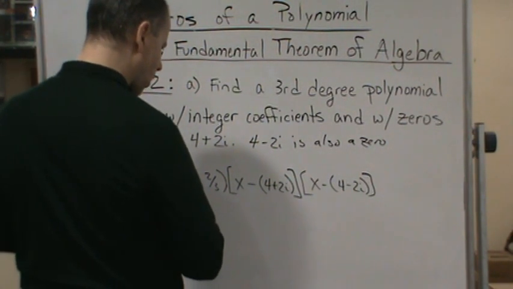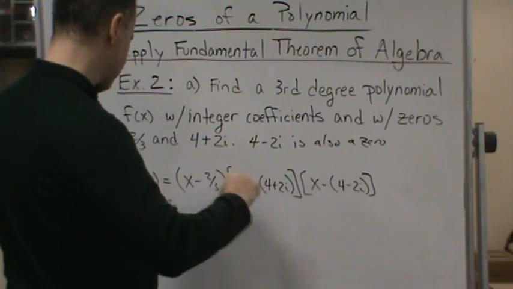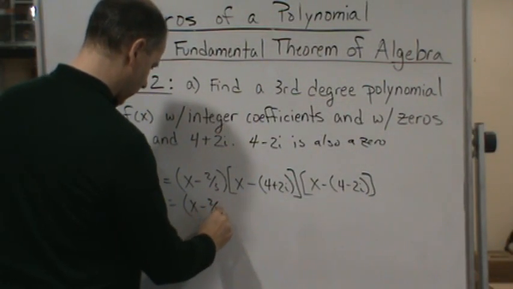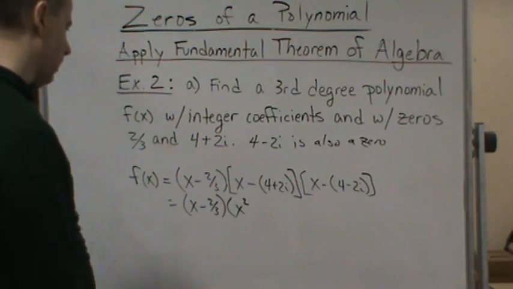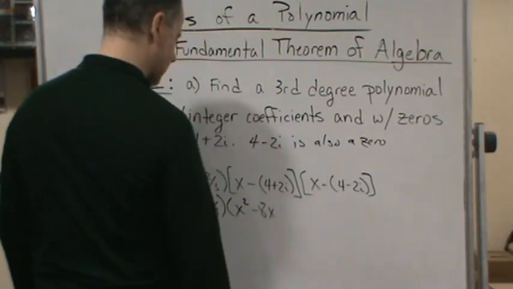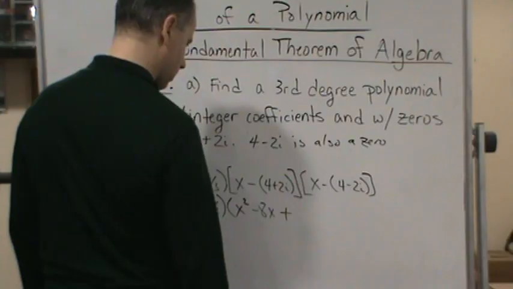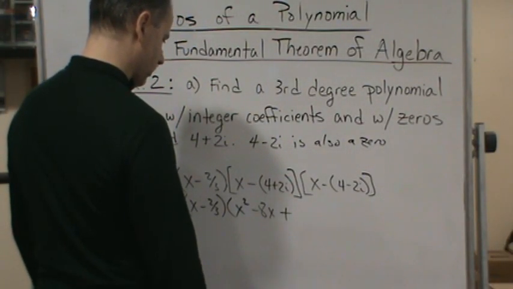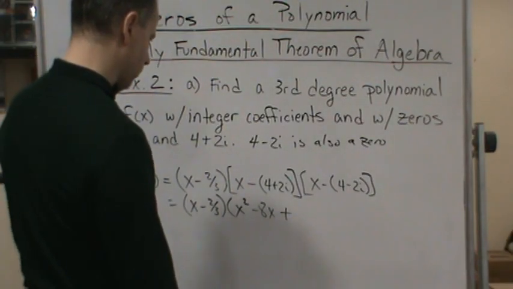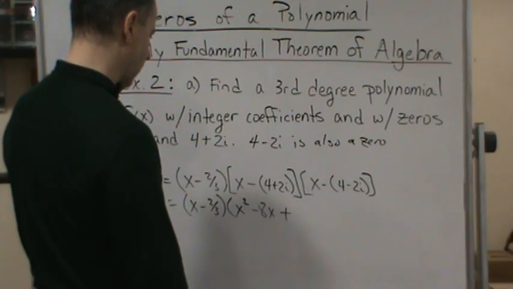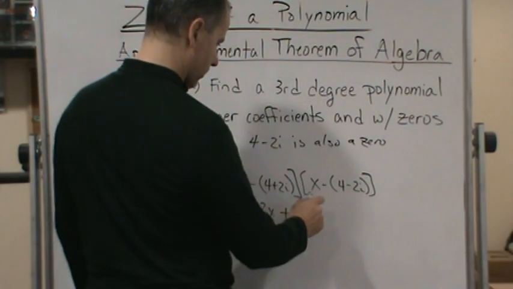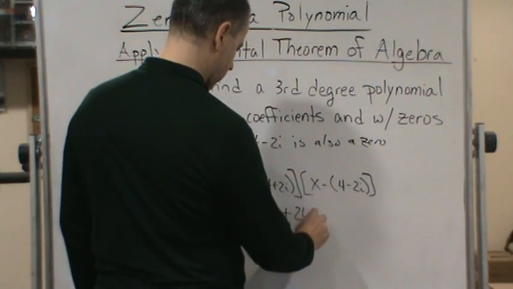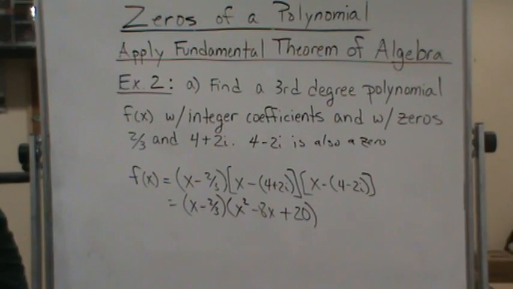It's x minus 2/3, and then this is going to become x squared minus 8x plus 20. Do you guys see that?